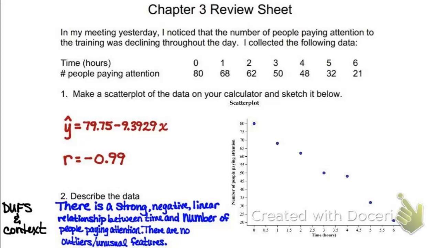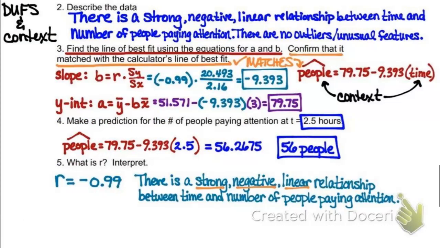I'm going to go ahead and put up my answers for 3, 4, and 5. So our R value was negative 0.99. Standard deviation of Y was 20.439. Standard deviation of X was 2.16.